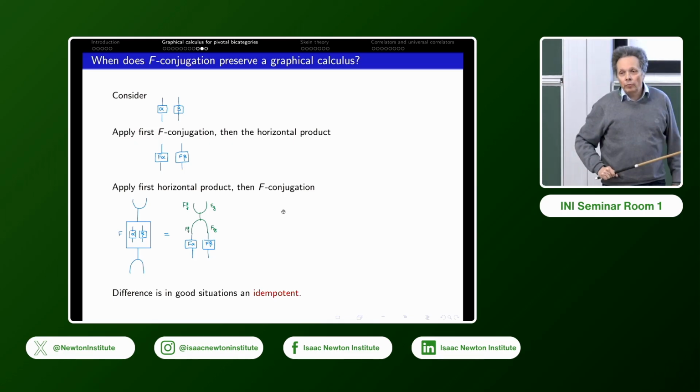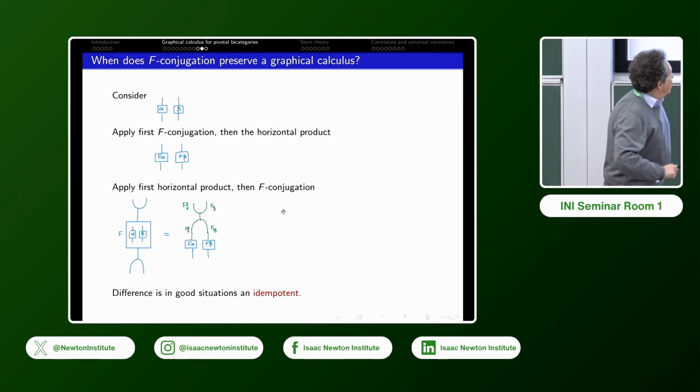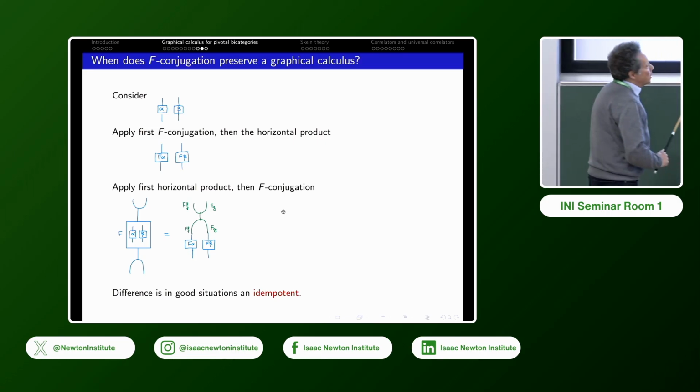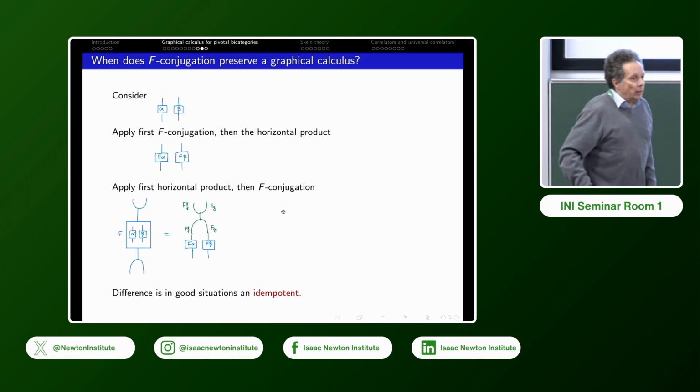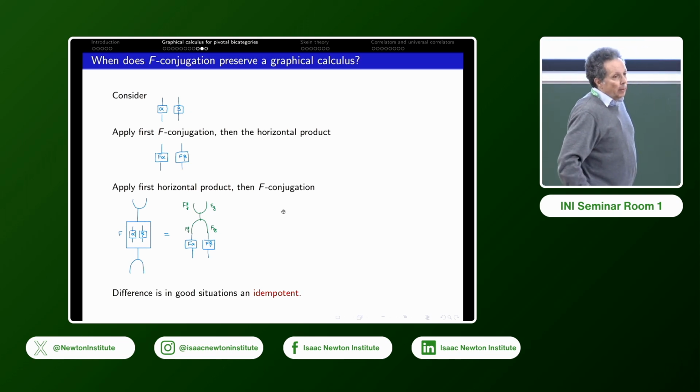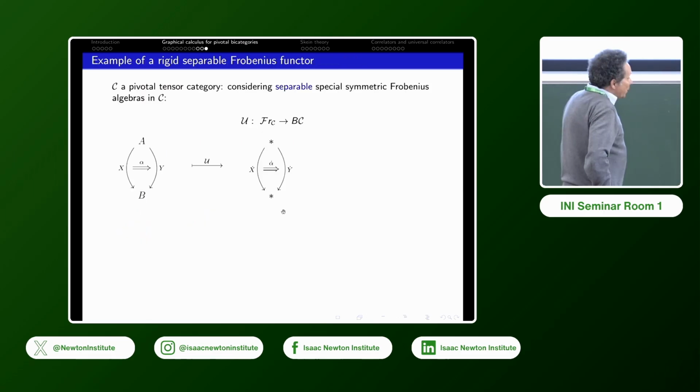If you've ever worked with Frobenius algebras, you know that this is something special. This will be, in the appropriate sense, an idempotent, and it will be an idempotent that we will compensate by this idempotence.